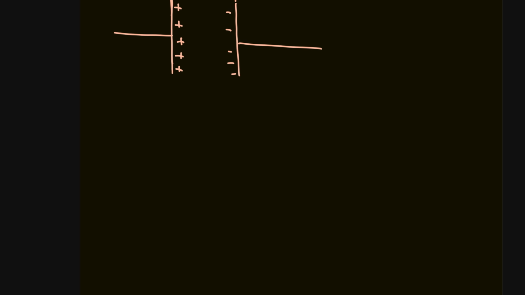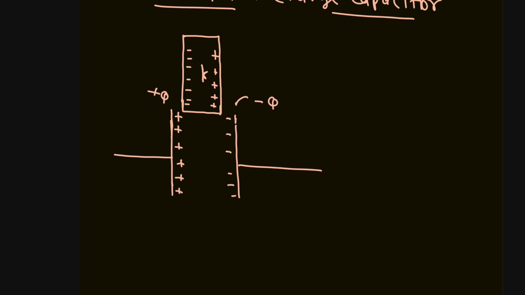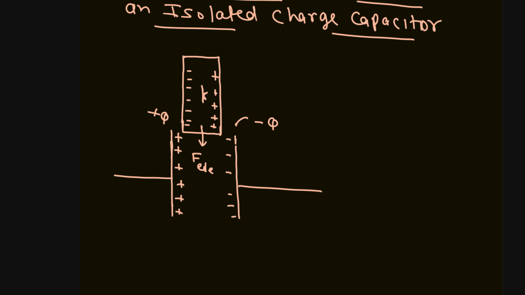The negative and positive charges attract, so the dielectric gets a net force toward this side, which is the electrostatic force. I apply an external force here, F external, so that the dielectric moves slowly with constant speed.